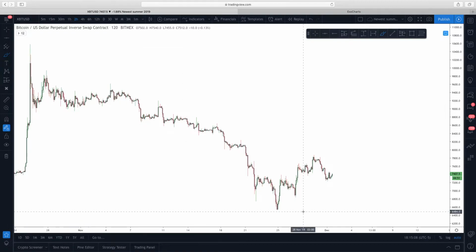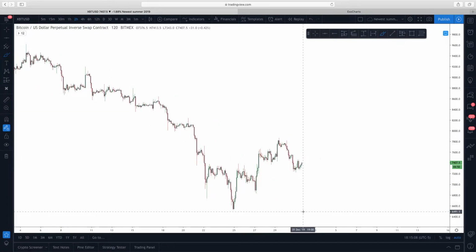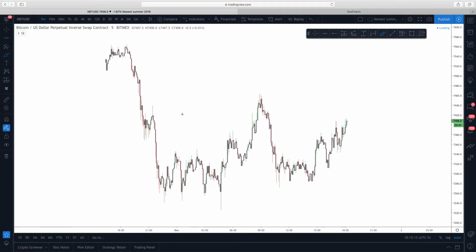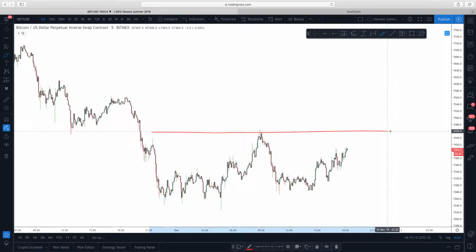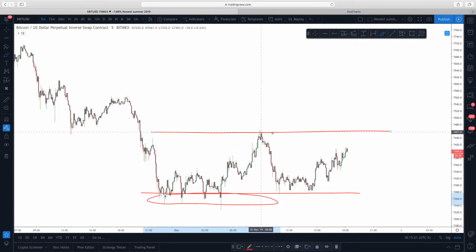If price is right down here and it is currently moving within a range, it is seeking out liquidity. And what is liquidity? It means there's passive order flow at the bottom, passive order flow at the top, passive meaning there is no one that is actively making an effort to move the market.